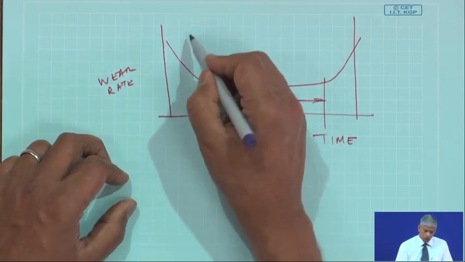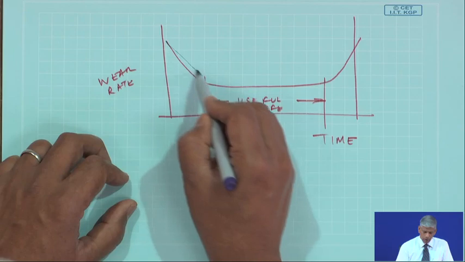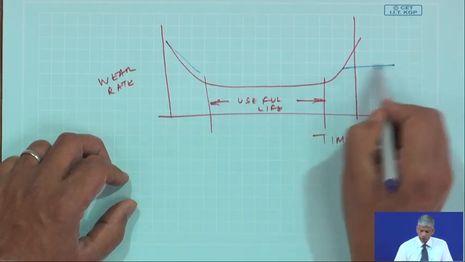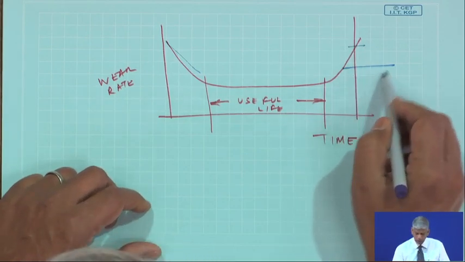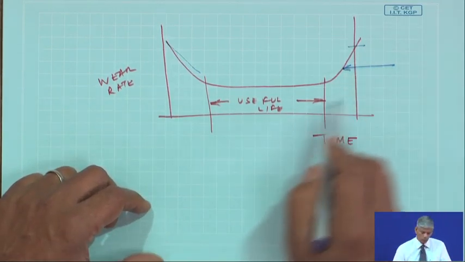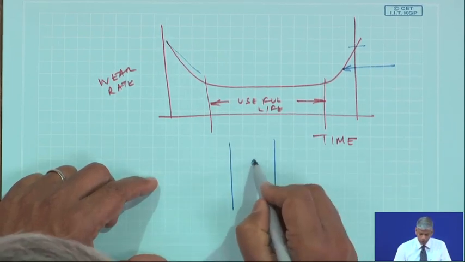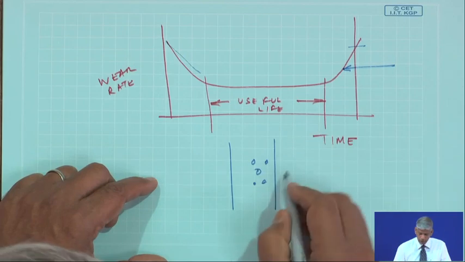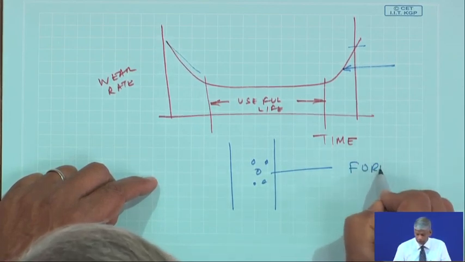So, the initial run-in where we have a high wear rate, okay, and towards the end of the life of the machine, we have a high wear rate. Okay. And you will see on the surfaces there could be pits that develop, there could be scuffing, and sometimes also there could be foreign particles.